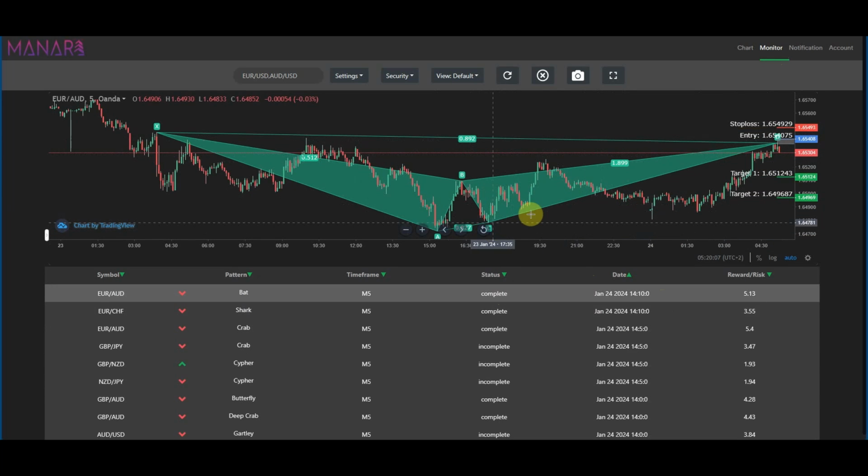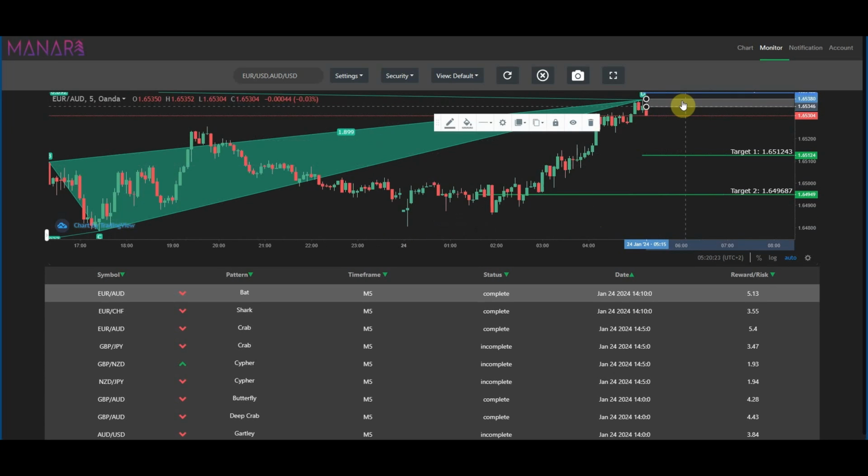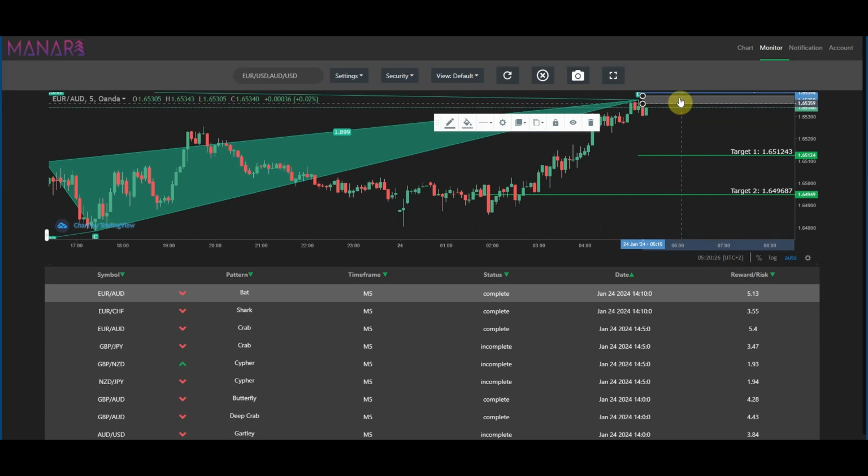You wouldn't have taken any heat on that pattern had you followed the incomplete rule and got in quite early. There's just this wick here that might have caused a bit of panic or concern, but it got right up there. And just check. So it hasn't reached the official entry price.